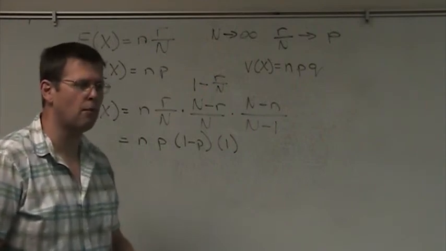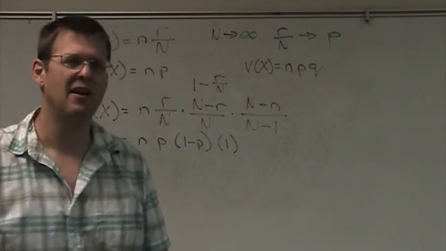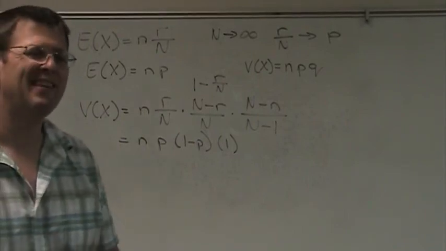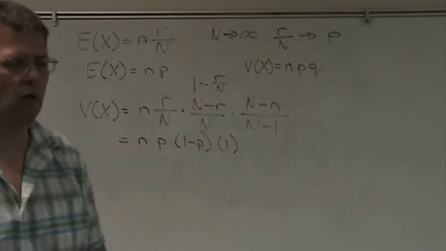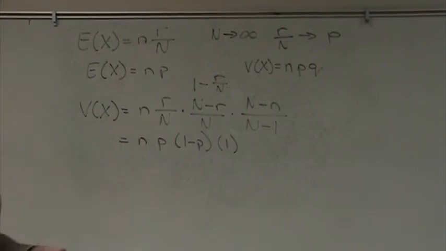So although the probability technically changes, the numbers are close enough that we can get an approximation. It's not going to be a perfect approximation, but in general, it works pretty well.